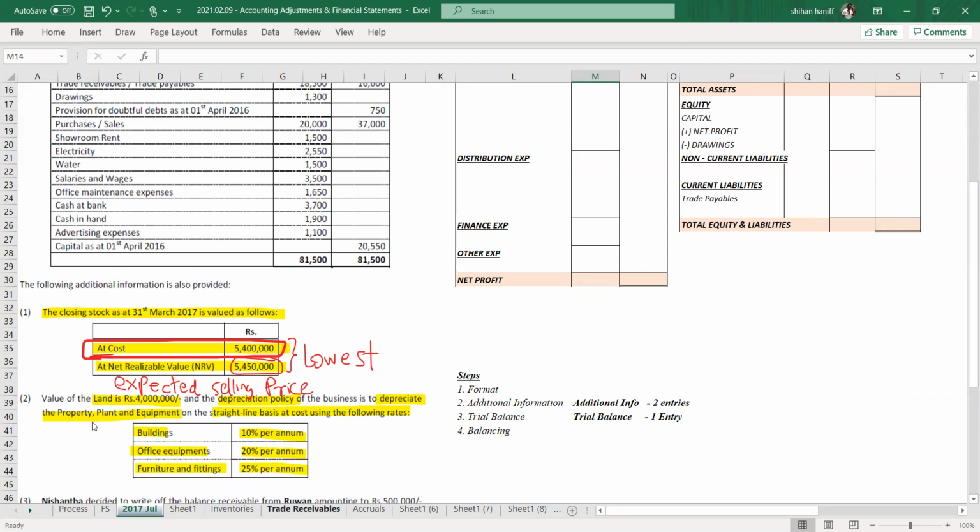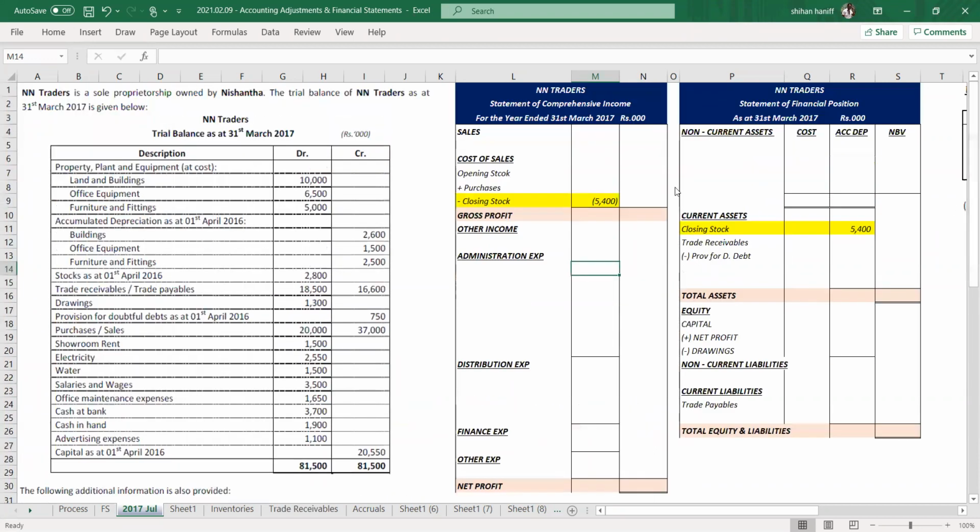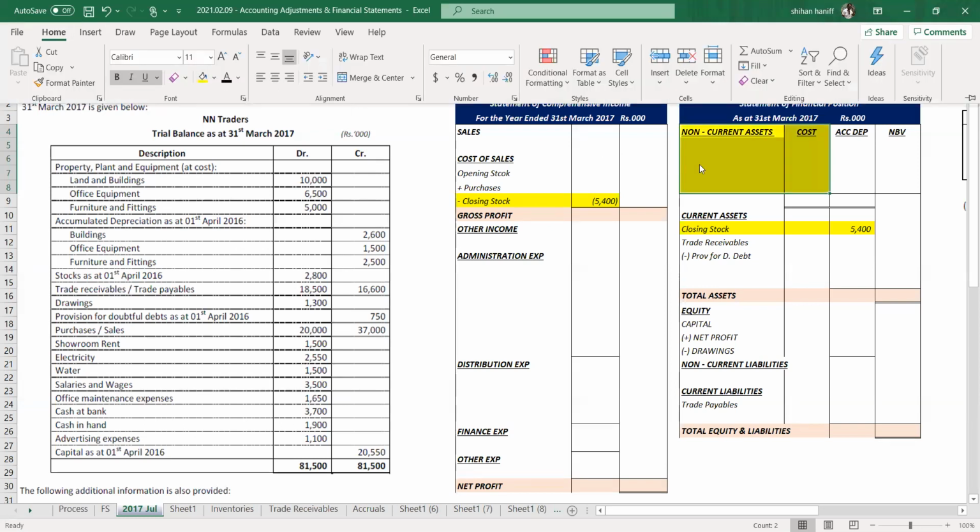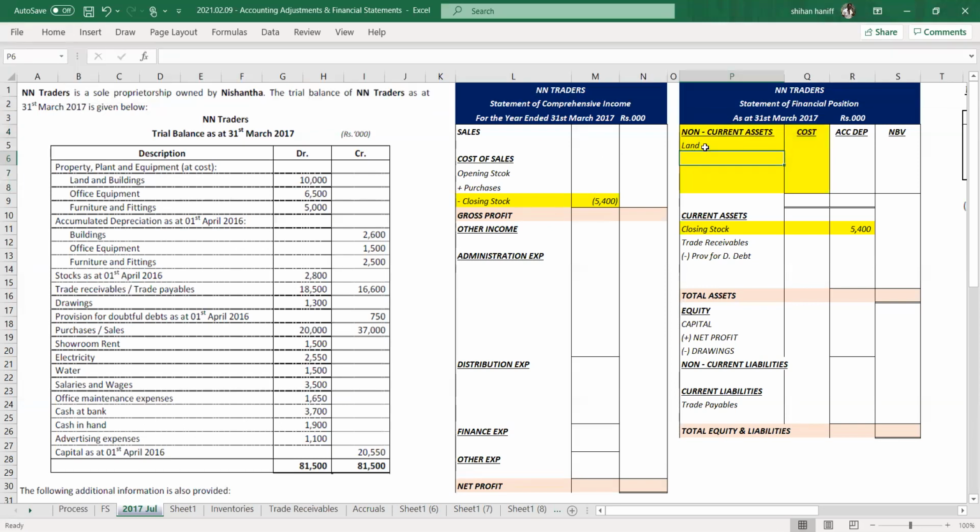Now first step, we need to identify the non-current assets. So there are 4 non-current assets, 4 PPE. For the non-current assets, you have to write the cost of these assets. We have land, building. Since the land cost is separately given, you have to separate it in the non-current assets.